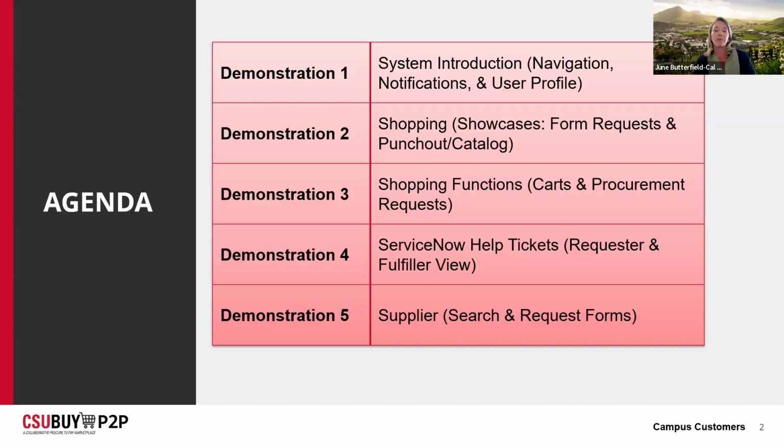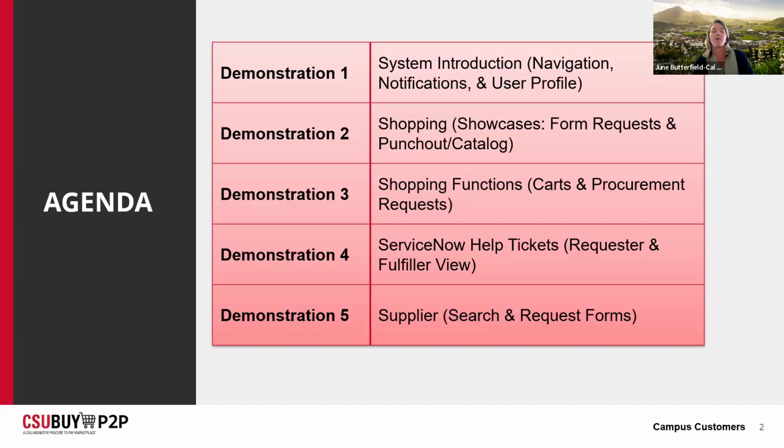In demonstration 3, we're going to take a deeper dive into the shopping functions, covering how to manage carts, view procurement requests, and track approvals in the system. Then we'll walk through the ServiceNow Help ticketing system, where we are going to discuss how to submit requests, track tickets, and understand the process from both the requester and the fulfiller's perspective.